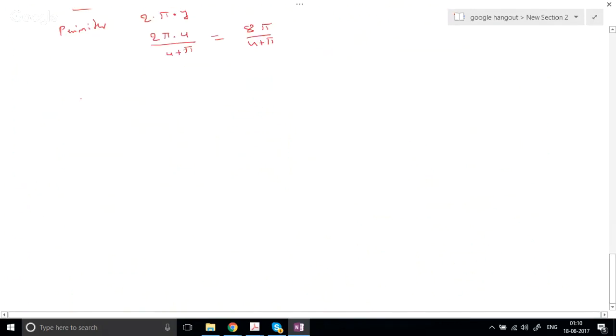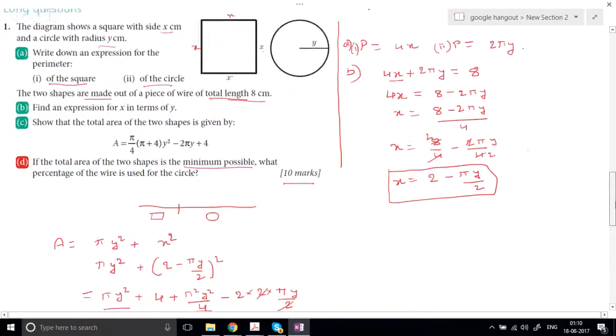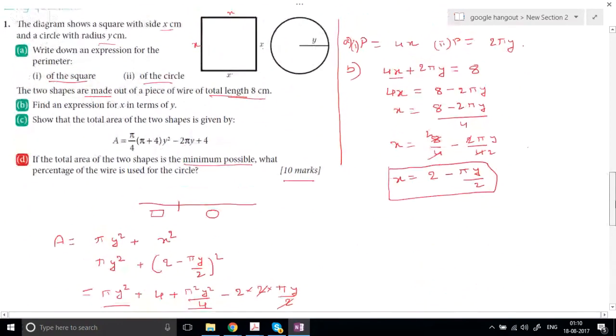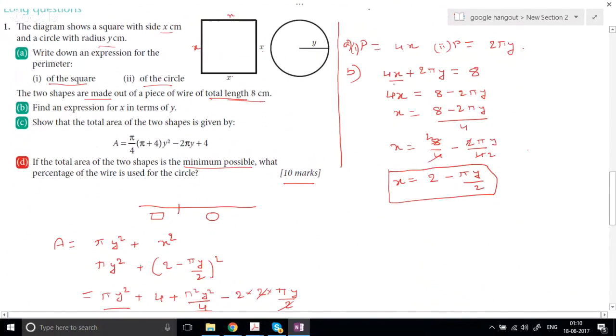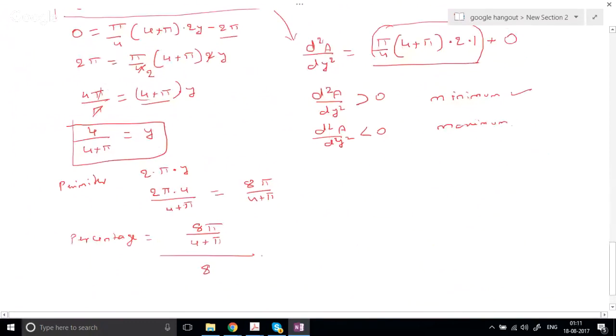So to get the percentage, this whole thing is divided by the total perimeter of both of them together. What was the expression for the total perimeter? Total was 8, times 100. So now this and this can be cancelled.